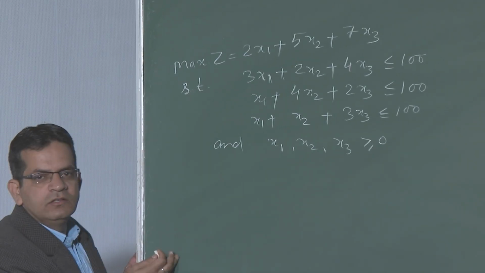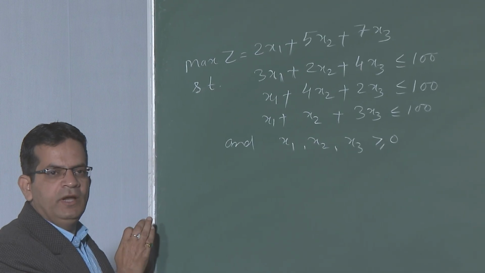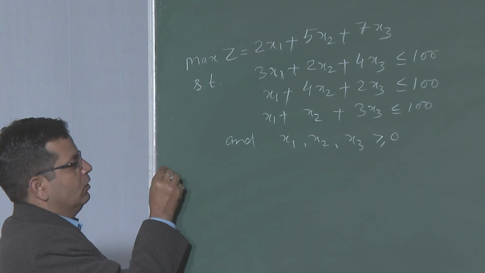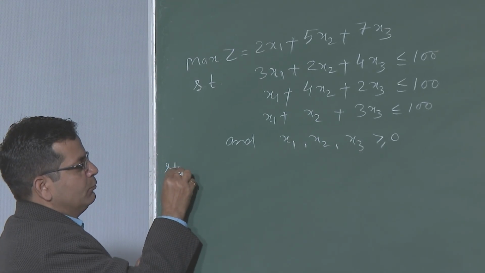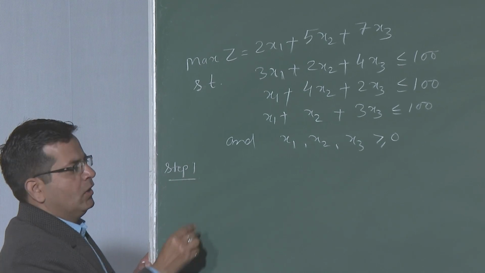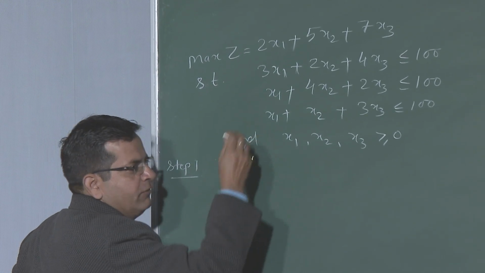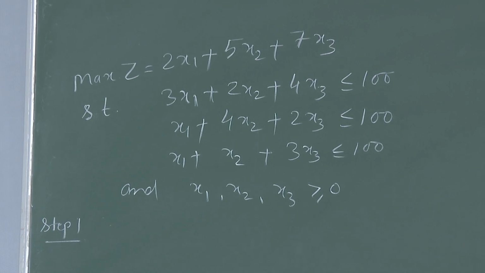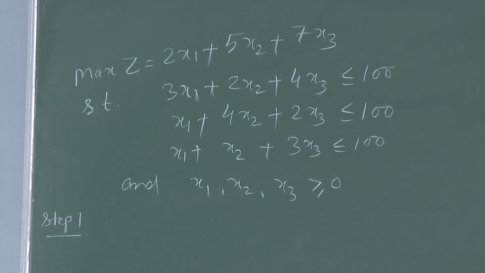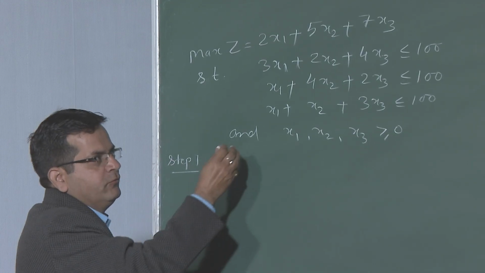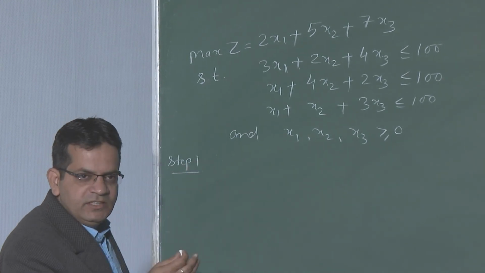So, I will solve this by the simplex method in an easy format and step by step. In the first step we check whether this problem is in standard form or not, because the simplex method can be applied only to a maximization problem.